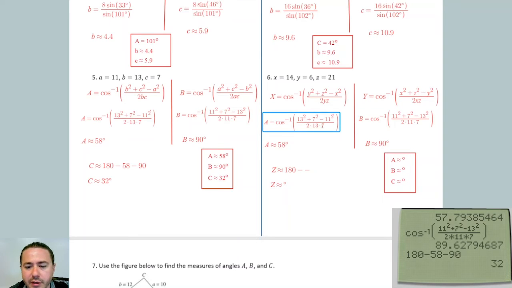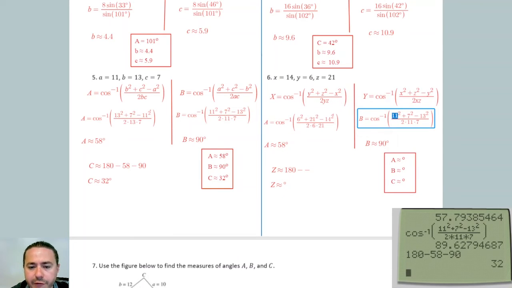Okay, so let's start plugging stuff in and fixing this up. So Y is 6, Z is 21, X is 14, over 2 times 6 times 21. And then for angle B, let's just go ahead and fix this as well. 14 squared plus 21 squared minus 6 squared.